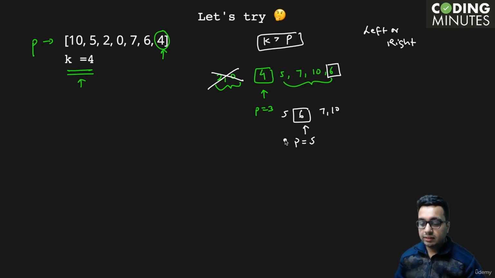So we can see this p is 5 and the position that we need to figure out is 4. So we will discard the right part of the array and make a call on the left part. Once we make a call on 5, we will get p equal to 4, which is the same as k, and we will return this element, and the output will be 5.